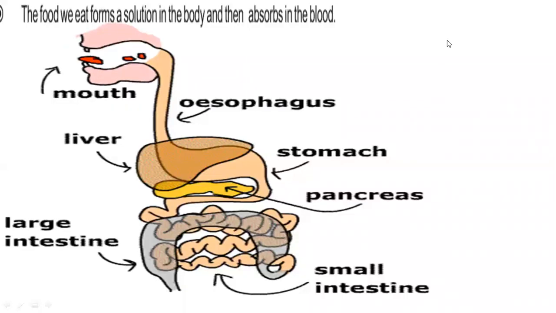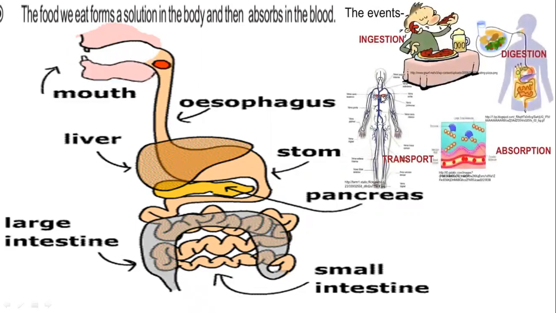If we see, the food we eat forms a solution in the body and then is absorbed in the blood. The food that we eat goes into our stomach, then into the small intestine, and this is the place from where the food is absorbed in the blood. Unabsorbed food, which cannot be absorbed in the body, undigested food, is excreted out.